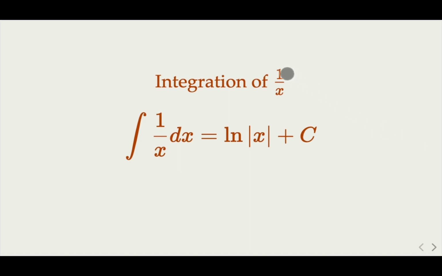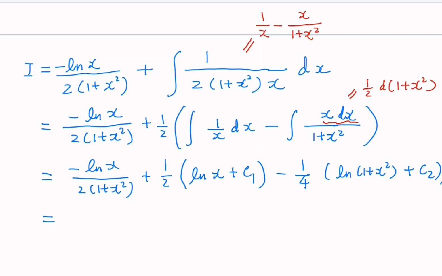Now for the integration of 1 over x, the formula here is the logarithm of the absolute value of x. But in our case, since the original integrand has log x in it, we assume x is always positive, so we can get rid of the absolute value sign. Combine similar terms here: we have log x over 2, so let's put them together.